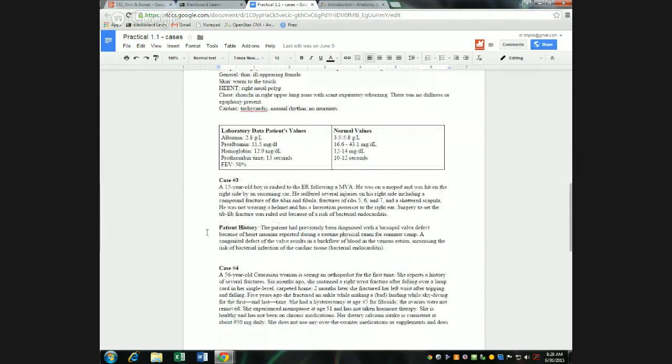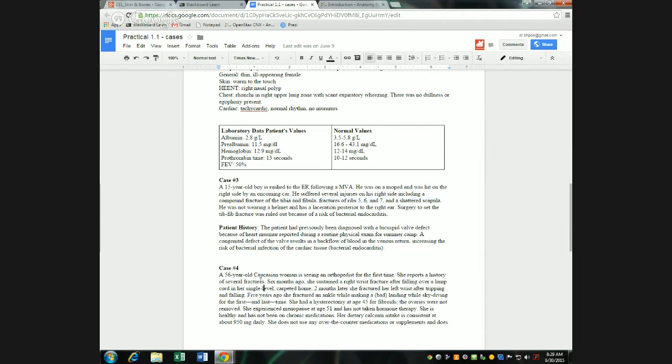So for instance, in case 3 here, motor vehicle accident, the patient broke the tibia and fibula, a few ribs, and the scapula. Be sure you know those best. And then in case 4, all of the bones in case 3 are just right there in that section together.